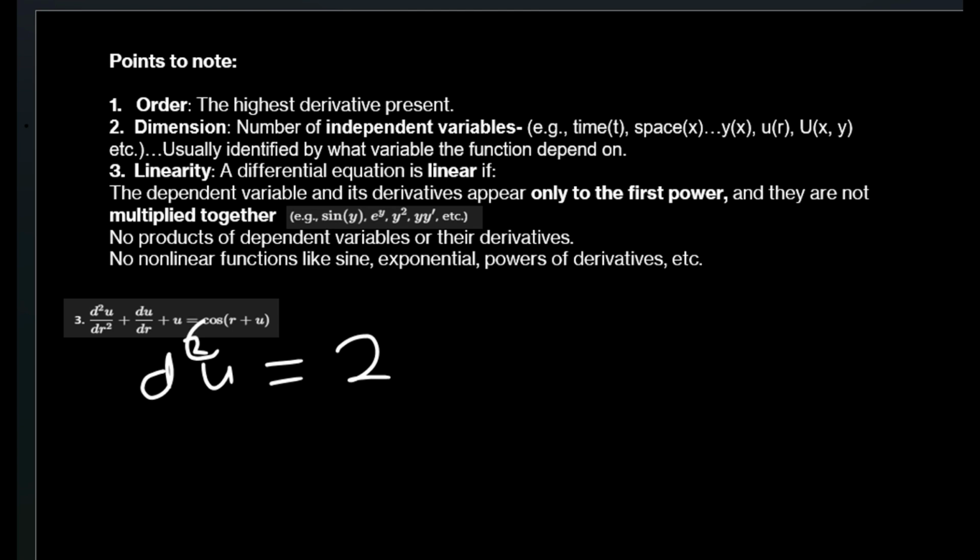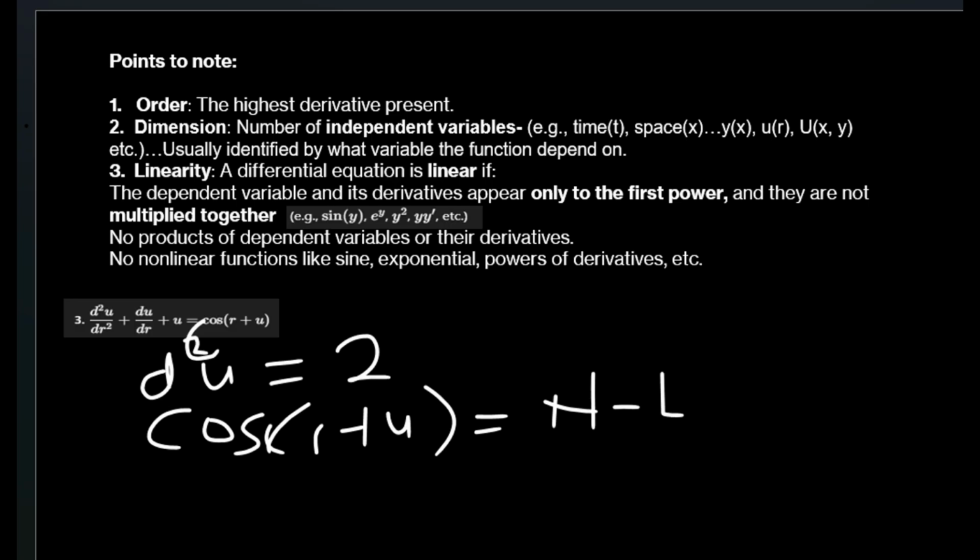The next thing that we are supposed to find is the dimension, and then also the linearity. So we have cos of r plus u. This tells us simply that it is non-linear. Why is it non-linear?